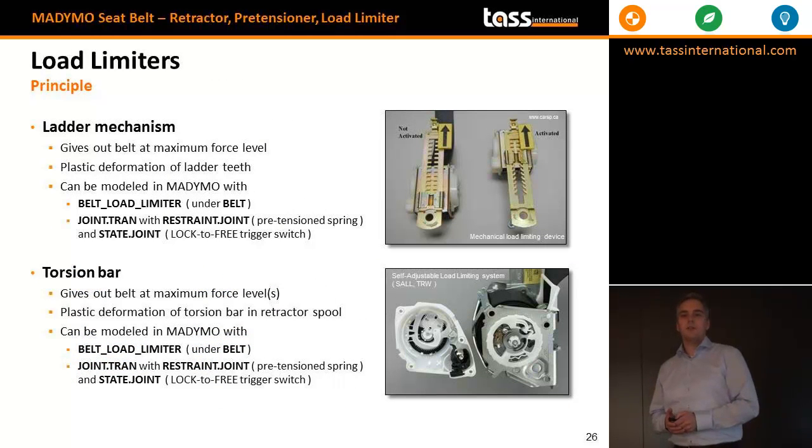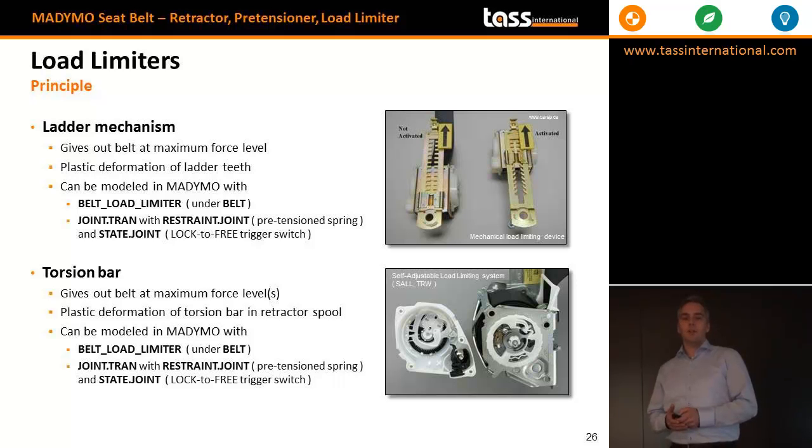Next, load limiters. On the slide here, there's two mechanisms shown for load limiters. You have a ladder mechanism where the complete retractor system is shifted over a ladder, and the teeth of the ladder are deformed plastically, allowing the sliding up, and thus in this way giving out a belt at a certain maximum force level.